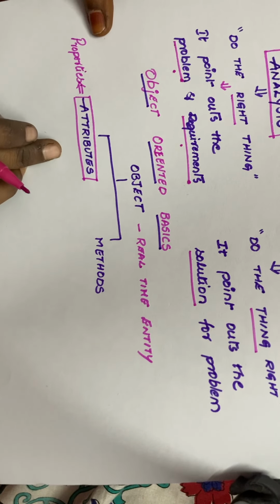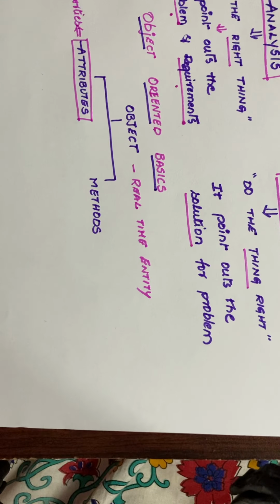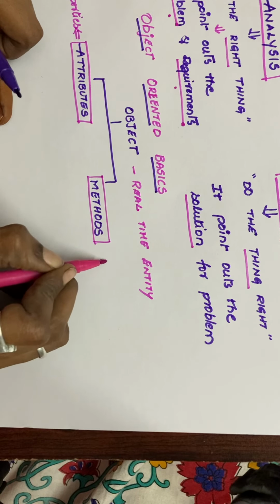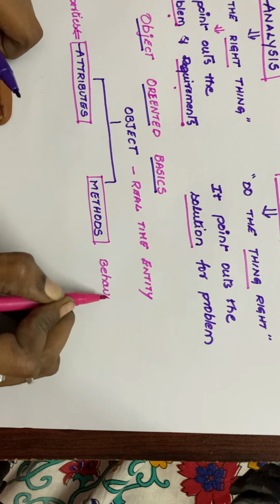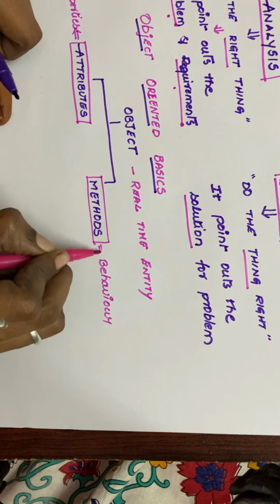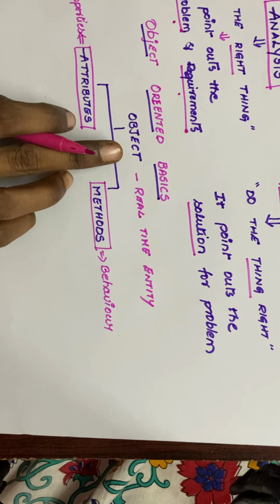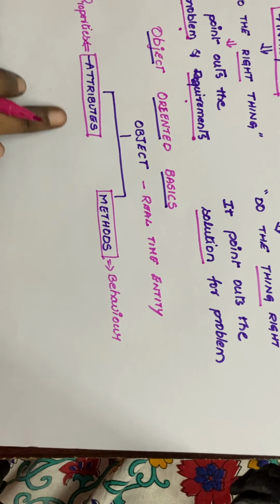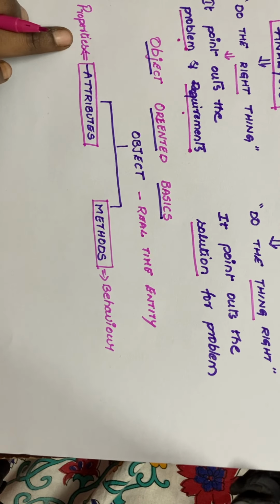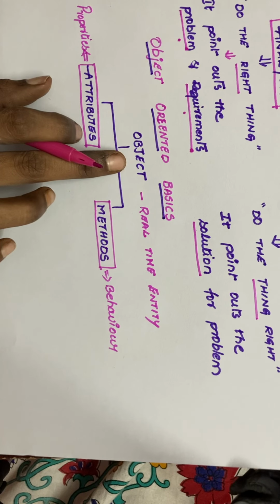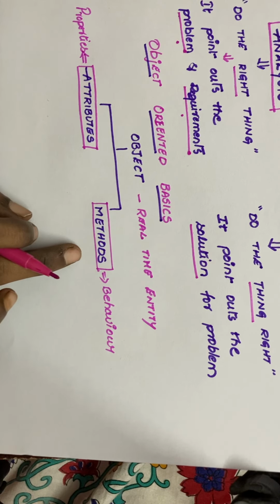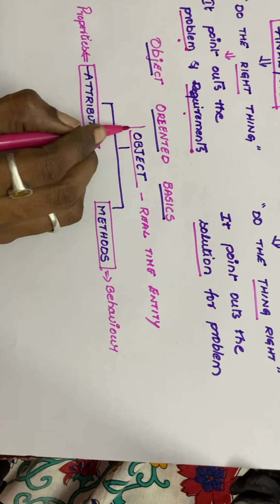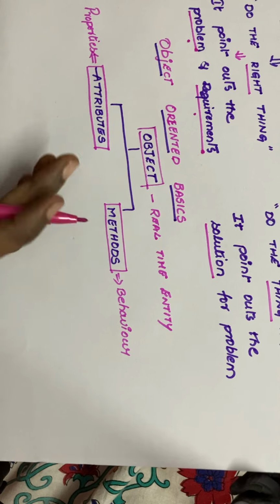Coming to the methods, they are nothing but the behavior of the object. So an object consists of two things called attributes and methods. Attributes are properties that tell us about an object, and methods are the behavior of that particular object.